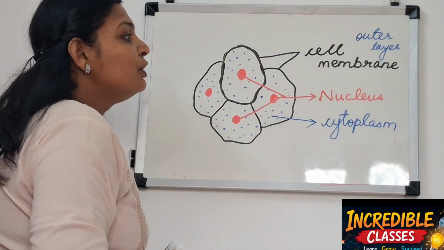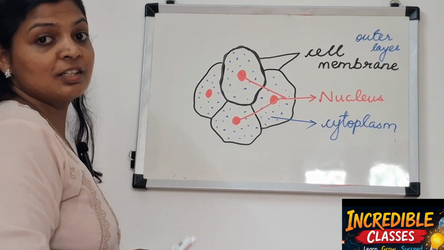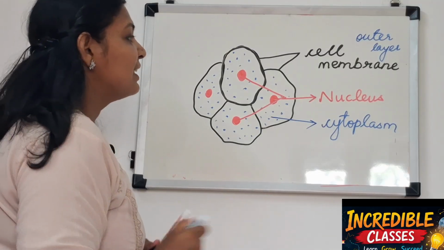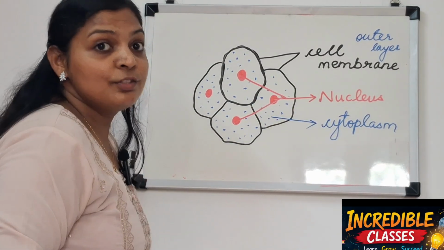Now what is the nucleus? It is a prominent round structure inside the cell. And what is cytoplasm?